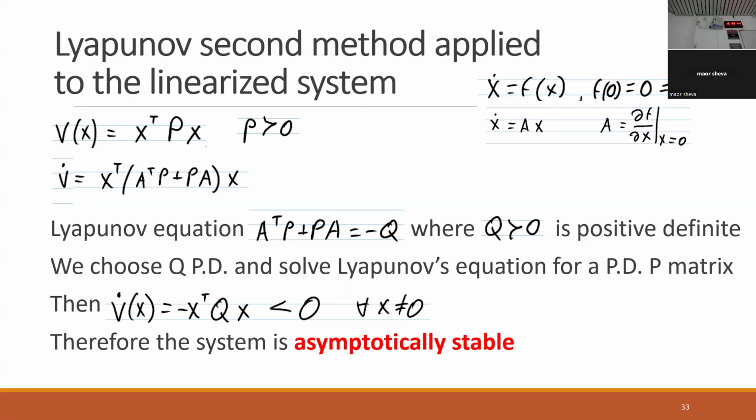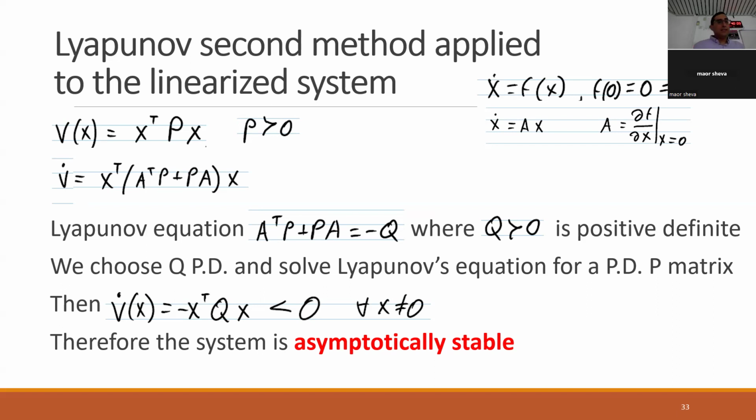And therefore the system will be asymptotically stable. So if I can find such Q that meets this Lyapunov equation, then the system will be asymptotically stable.